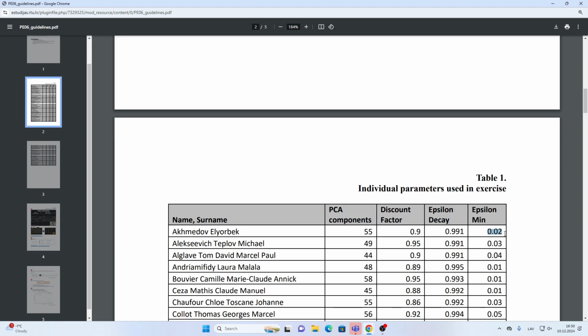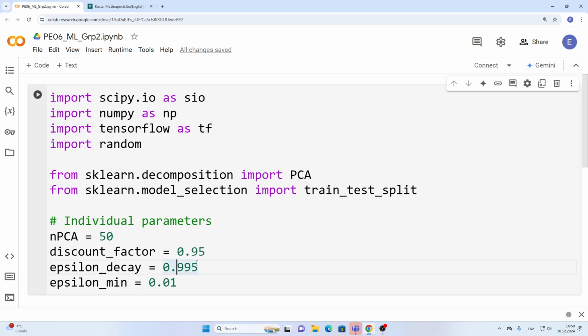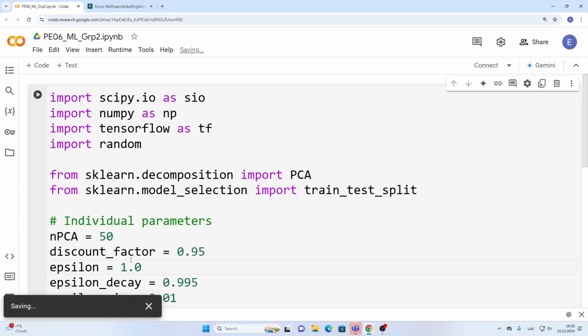If we reach this minimum, then we stop decaying it and keep it the same. So what exactly this epsilon is relates to something called the epsilon greedy strategy, which we have mentioned in our lecture, but we'll cover it once we get to how exactly we are going to make the action of our reinforcement neural network.